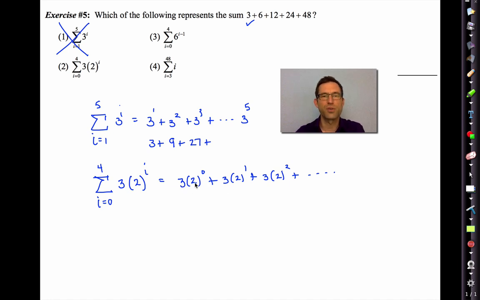Do those exponents first. 2 to the 0 is 1 times 3 is 3. 2 to the first is 2 times 3 is 6. 2 to the second is 4 times 3 is 12. Ah, there it is. We got it. All right. Pause the video and we're going to take a look at one last kind of cool summation.